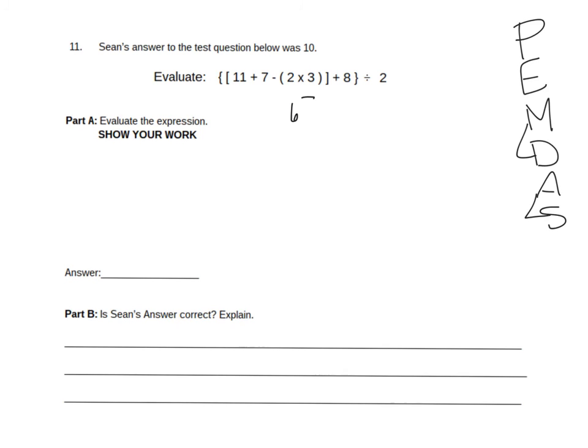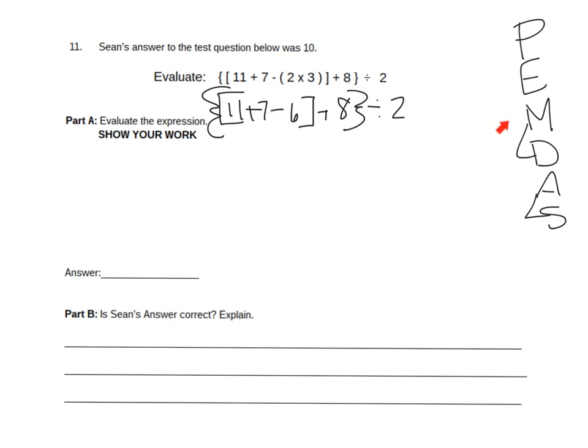We're going to write everything else down just the way that it is so we don't get confused. All right, so everything else is written down just the way it is. Now, we're still looking within this bracket here. We've got to finish this bracket, and then we go outside this bracket. So we have 11 plus 7 minus 6. Do we have any exponents?